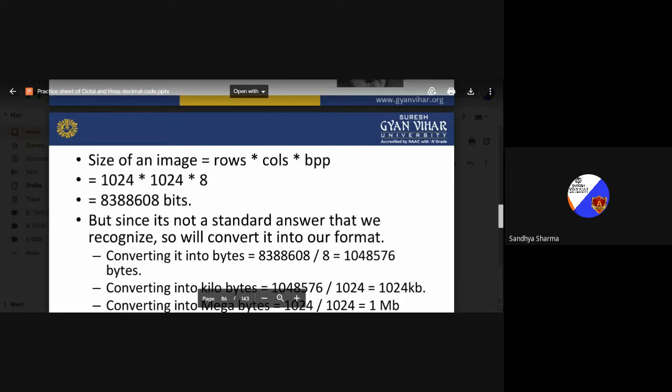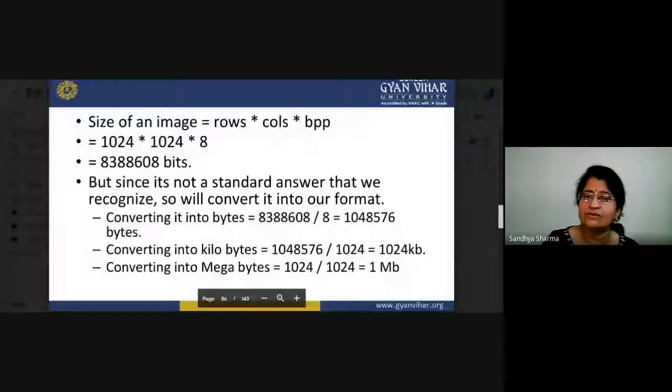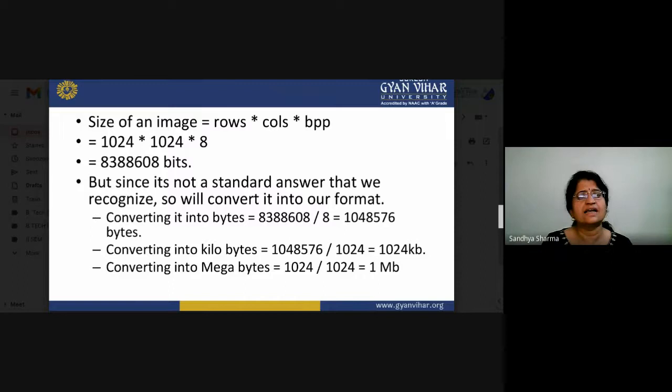Now converting it into kilobytes, you again divide by 1024, and again dividing by 1024 converts it into megabytes. So you can represent the size of your image in bytes, kilobytes and megabytes. But when we calculate the actual size of the image, we receive it in number of bits.